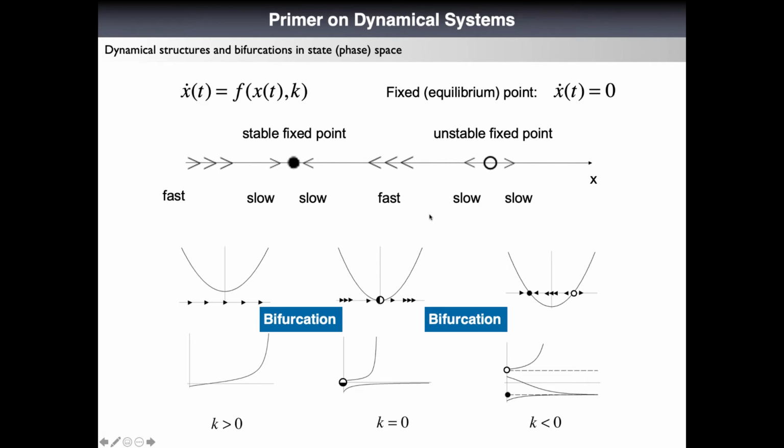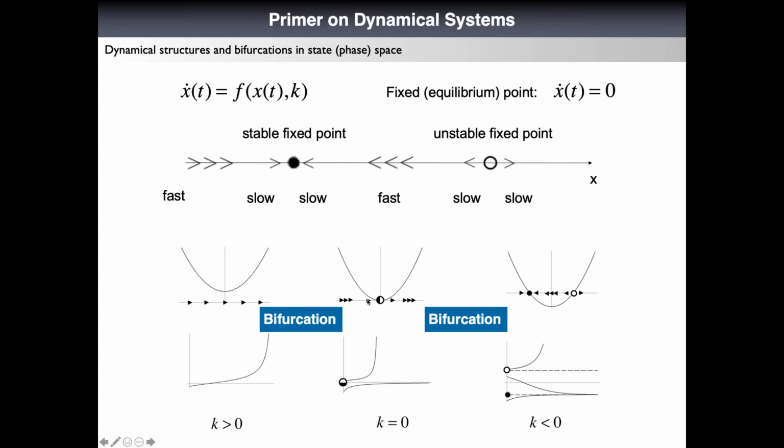However, if we change this parameter a little bit and make it go a bit down, then we're going to actually reach and touch the point where the derivative is 0. In this case, we get what is called a saddle. A saddle is a point that attracts the flow from one side and repels it from another side. So what we would have is fast, fast, fast, slowing down to 0. And unless a perturbation arrives externally, we're going to stay here forever.